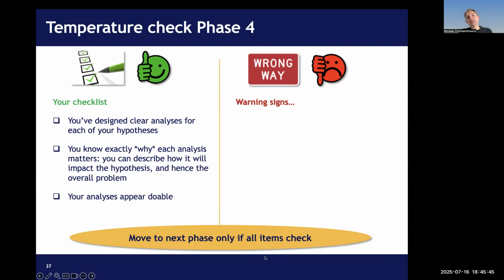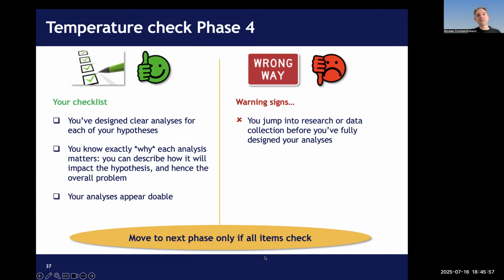And of course, your analyses actually appear doable in terms of the time required, the effort required, the availability of data, etc. The warning signs, red flags, are that you jump into research or data collection before you fully design your analysis.